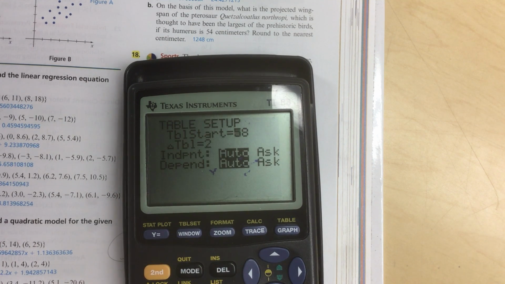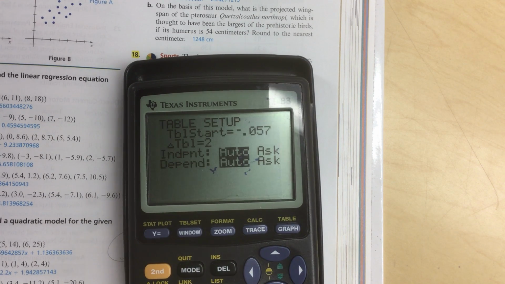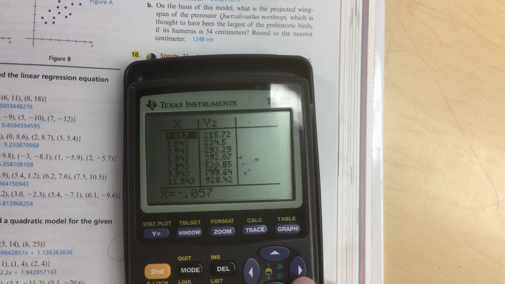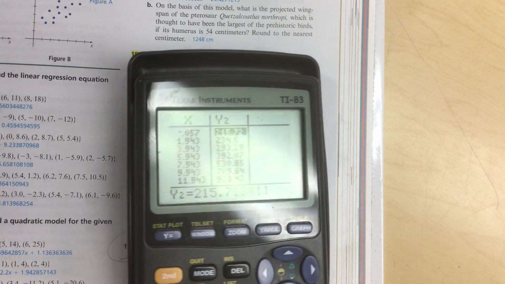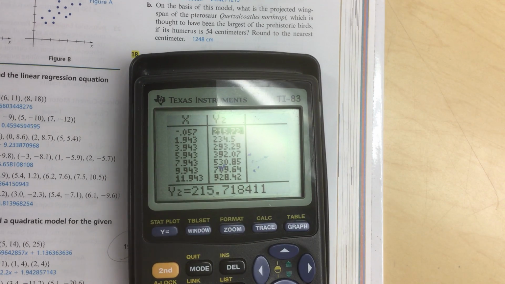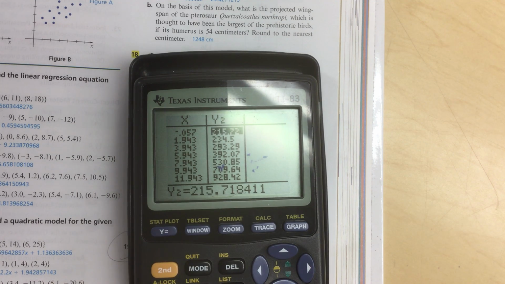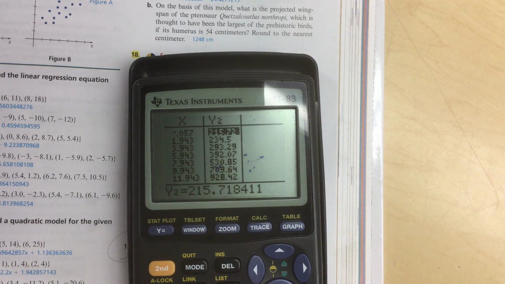Second table set. I can't remember what I said, negative 0.057. I said negative 0.057. Okay, second table. The value of that is 215.72. You see what I mean? We'll do it over and over and over again and you'll remember it.